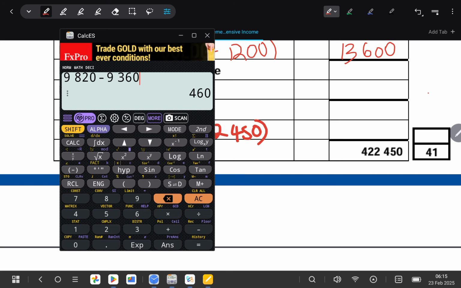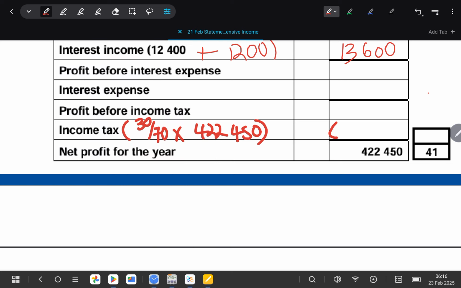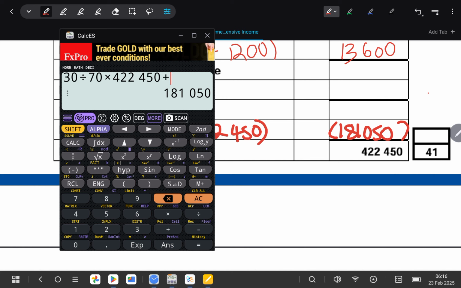So let's quickly do it. 30 divided by 70 multiplied by 422,450, and it gave us, remember it should be in brackets, 181,050. And then remember, for us to get our before tax we must add these two. So we'll say this answer plus 422,450.